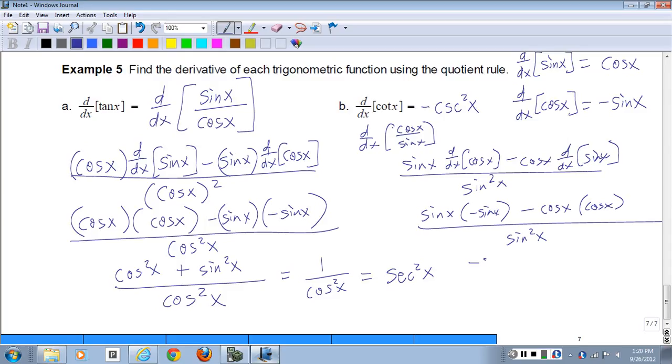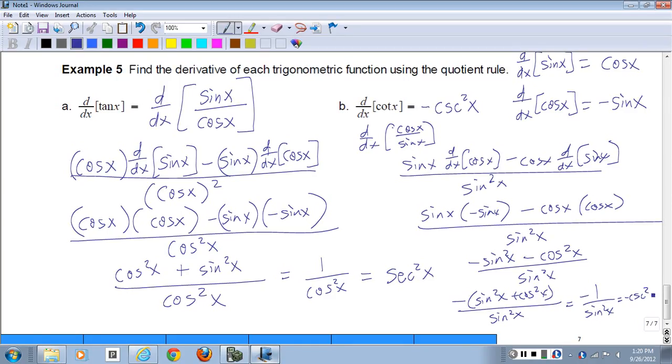So there you go. Negative sine squared x minus cosine squared x over sine squared x. If you factor out the negative sign, you get 1 on the inside. So negative 1 over sine squared x, and that's negative cosecant squared x. It'll be kind of a recurring thing. We take the derivative of a particular function. The derivative of the cofunction will be similar, but we'll have a negative sign associated with it.